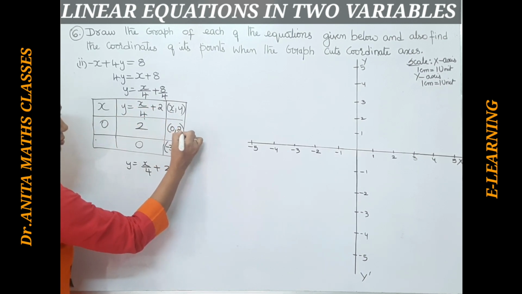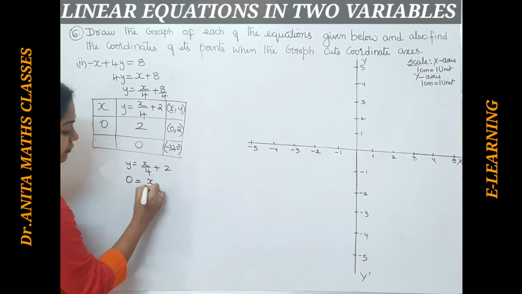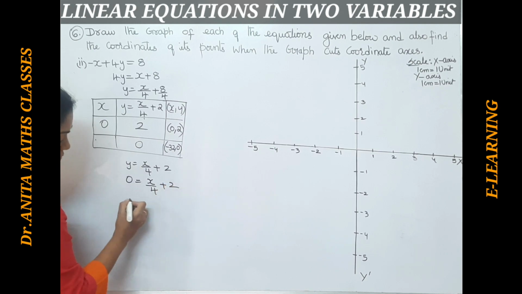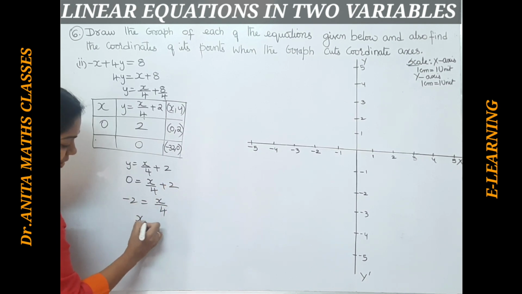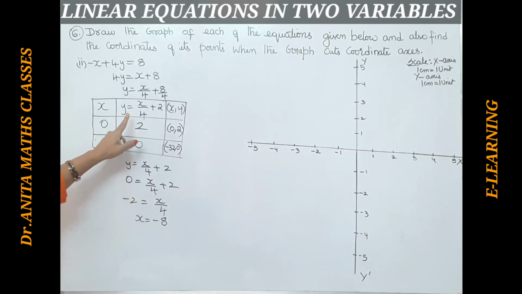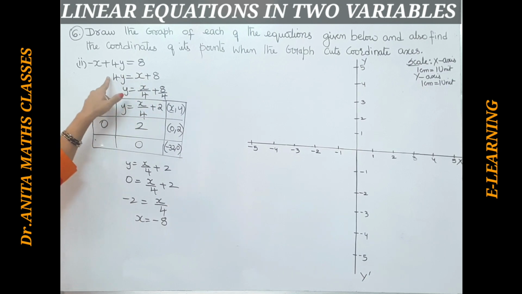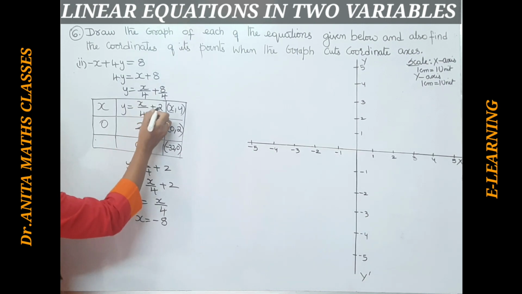Do this correction. And when y is 0, x by 4 plus 2, so minus 2 this side, x by 4. If you cross multiply, x is equal to minus 8. Here too there is a correction that 8 by 4, 4 ones are 4, 4 twos are 8, so that is 2 here. So x by 4 plus 2.